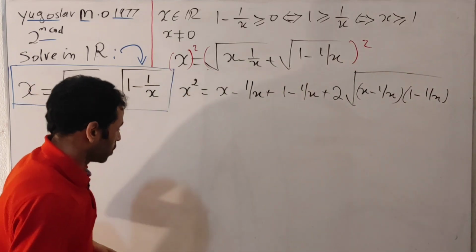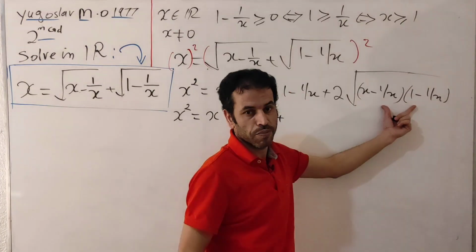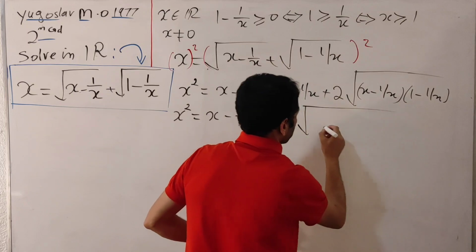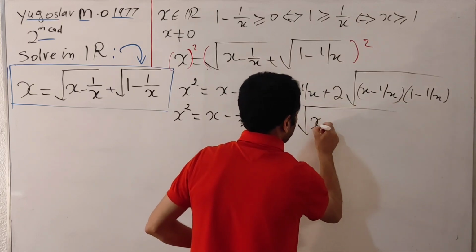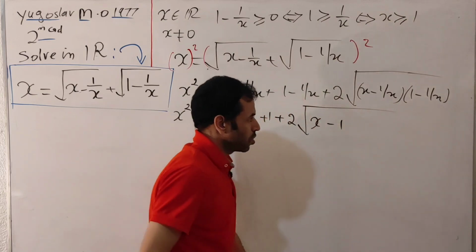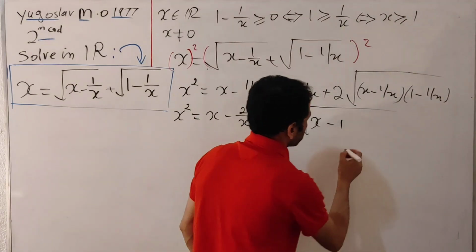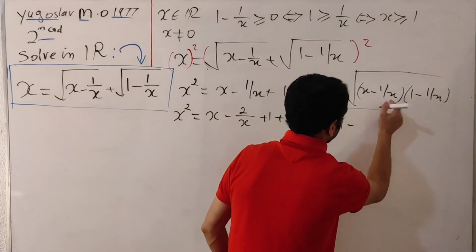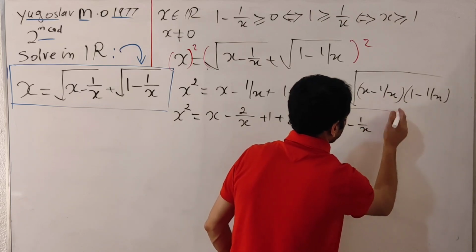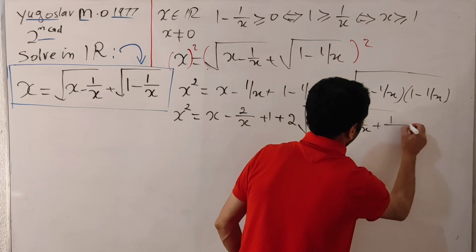I'm going to distribute this product. So we'll have 2 times x multiplied by 1, giving us x, minus 1, because x multiplied by the reciprocal of x gives us 1. This one also gives us minus 1 over x. The last one gives us 1 over x squared.